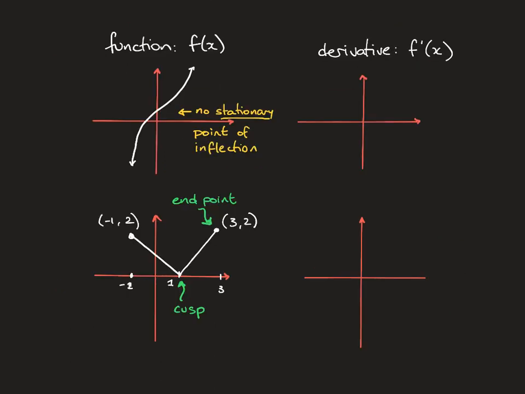And finally, a couple of things to watch out for. This particular function here, it looks like a cubic function, but what you've got here is a point of inflection, but it's not a stationary point of inflection. There is nowhere on this graph that the derivative is equal to 0. There's no 0 gradient here. And so we'll use the idea that we used previously, where we're going to take x values and look at what is the slope at that particular point there. It's quite positive.